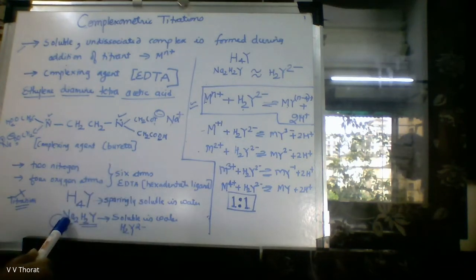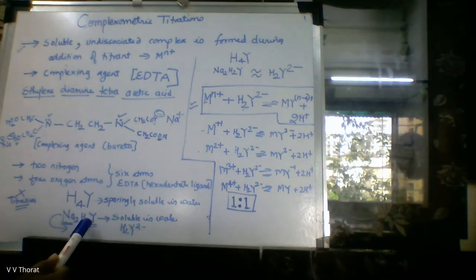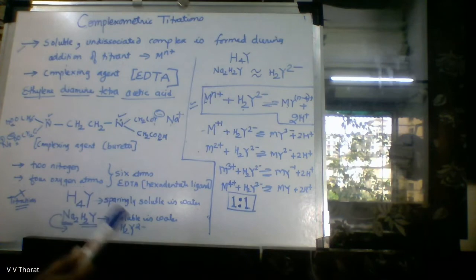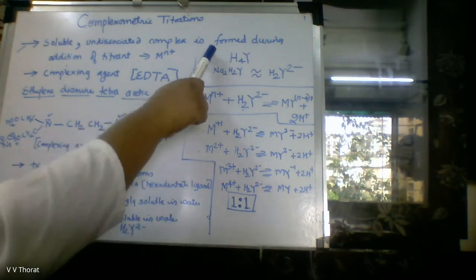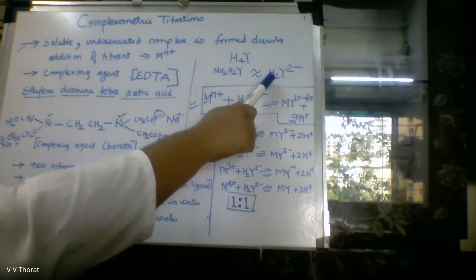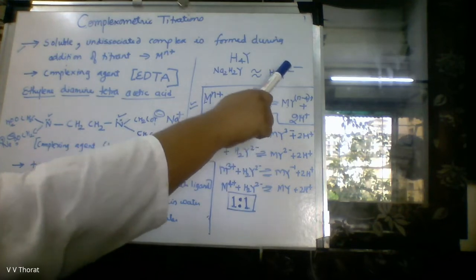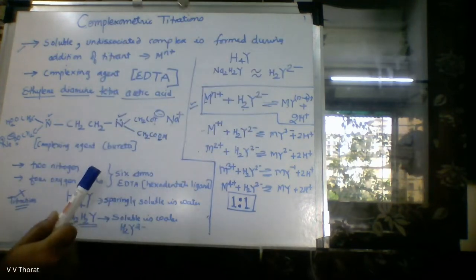तो हम लोग क्या करेंगे? Disodium salt of EDTA use करेंगे. Sodium salt use किया तो compound will definitely be soluble. So what happens? Your H4Y is EDTA, sodium salt, I can write it as H2Y2 minus.